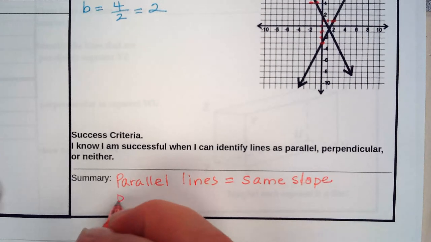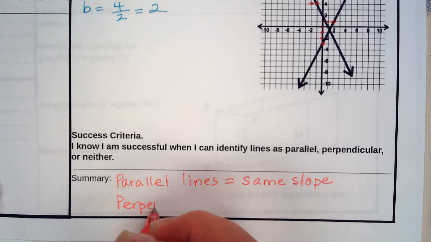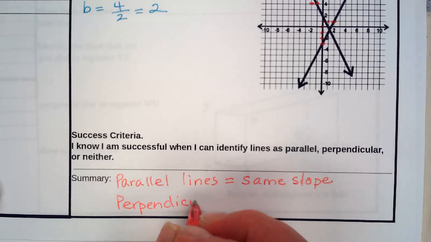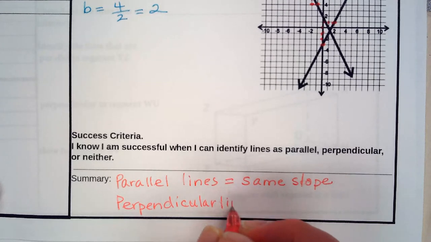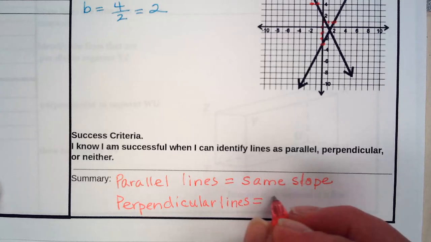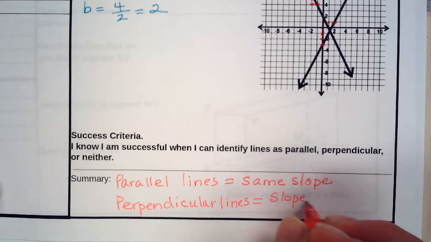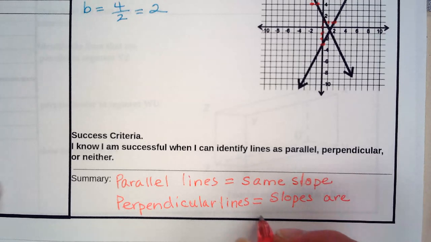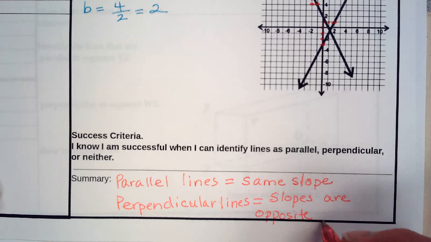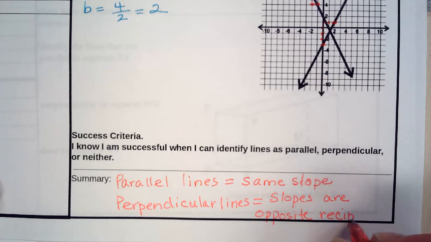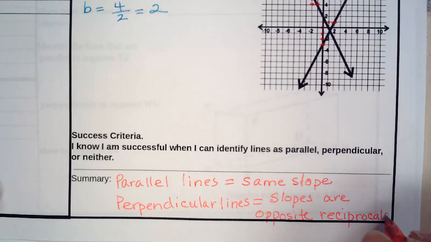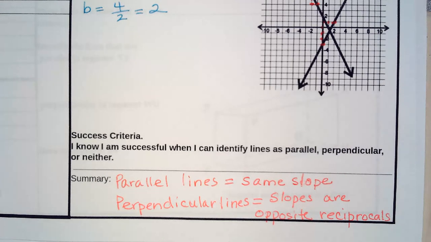Perpendicular lines, the slopes are opposite reciprocals. And that's how you know whether you have parallel or perpendicular lines, or neither. Because if they're not the same or opposite reciprocals, then they are neither.